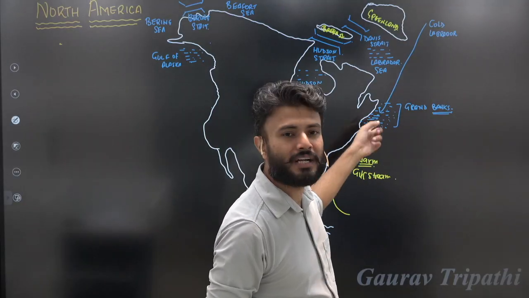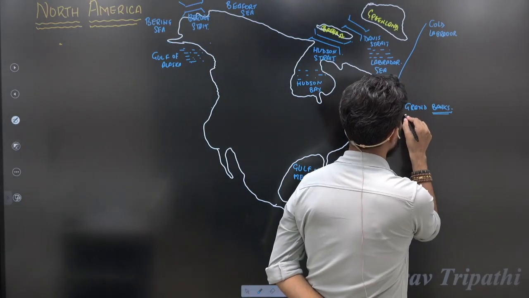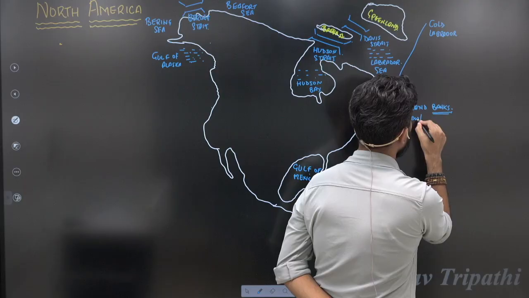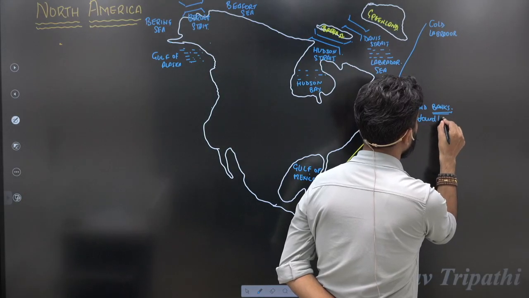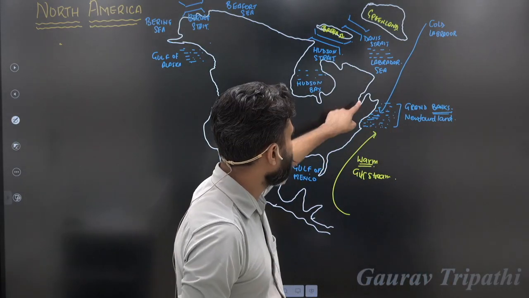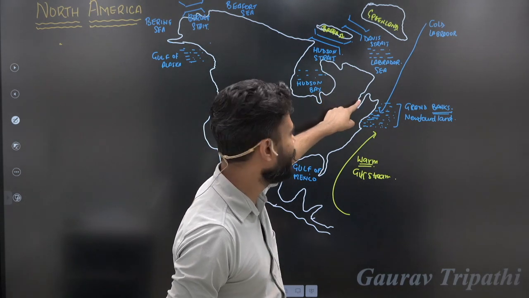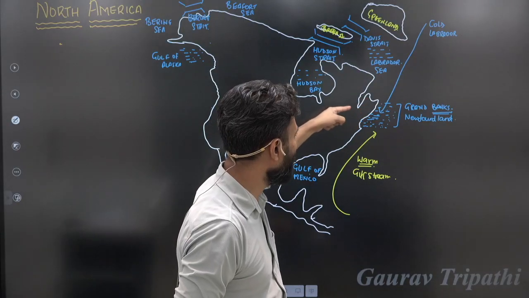Here you can identify the other important areas also in the atlas. Here we have Newfoundland Island, Newfoundland. Fine. In this portion, because this is also a gulf, this is a water body surrounded by land from three sides.